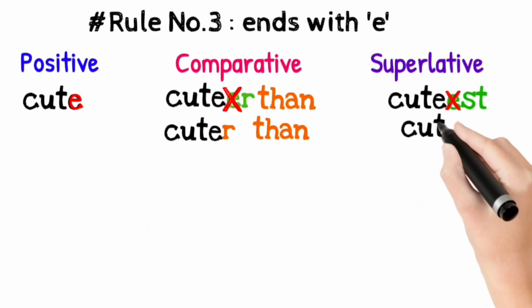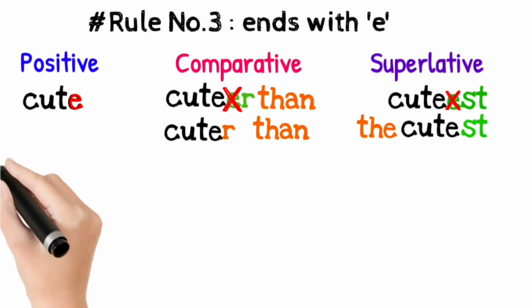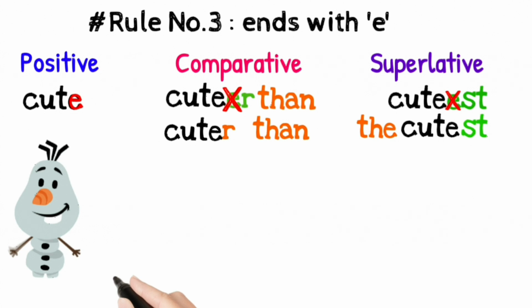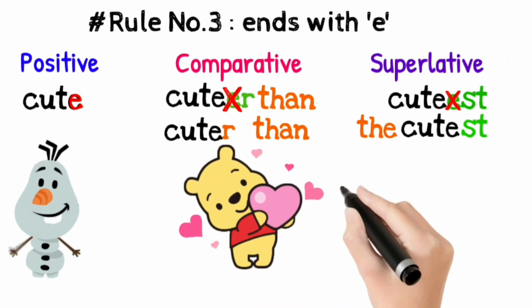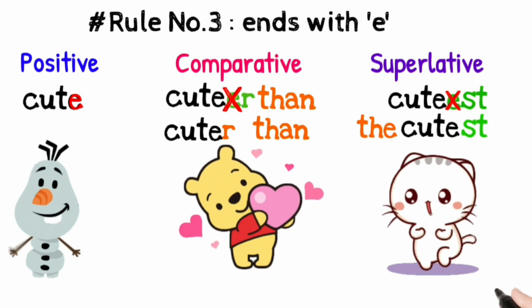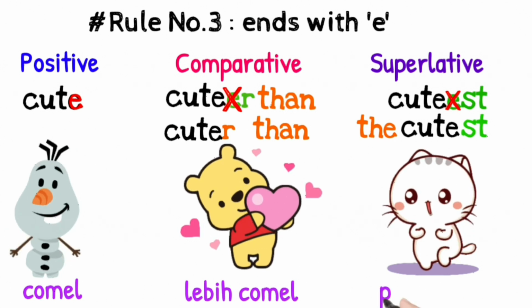The correct way is to just add ST. And don't forget to add the article the. So it becomes the cutest. Cute, cuter than, the cutest. Comel, lebih comel, paling comel.